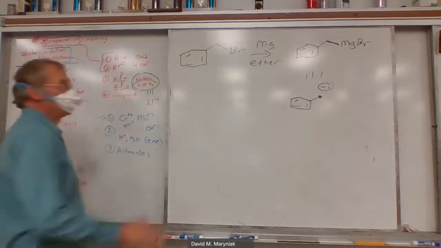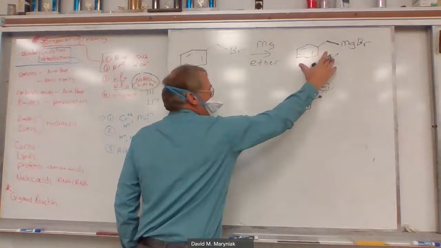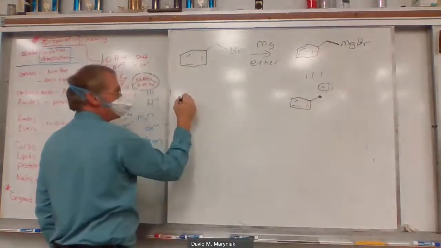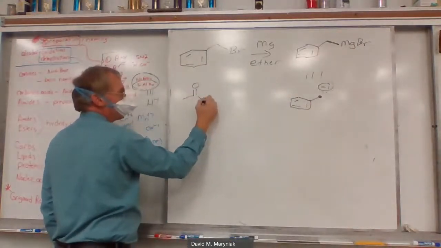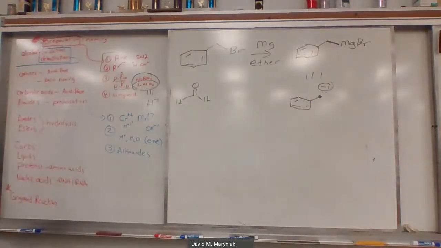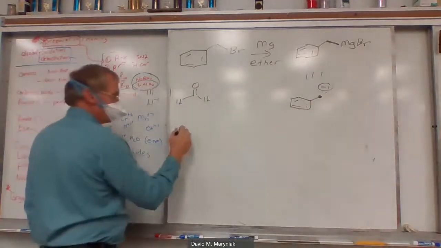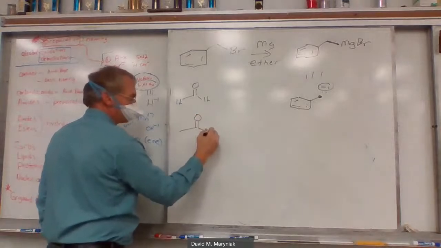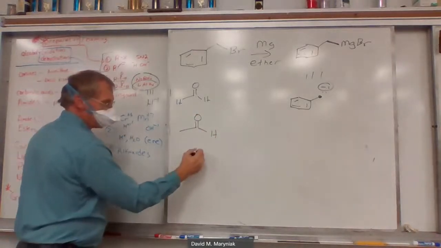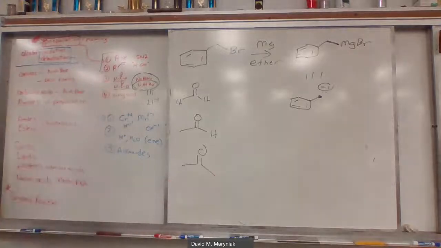All right, so let's take benzyl magnesium bromide, which we can think of like that, and react it with formaldehyde. And then we'll react it with acetaldehyde, and then we'll react it with acetone.